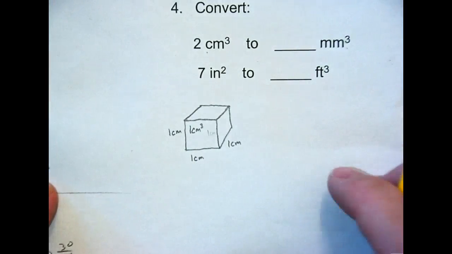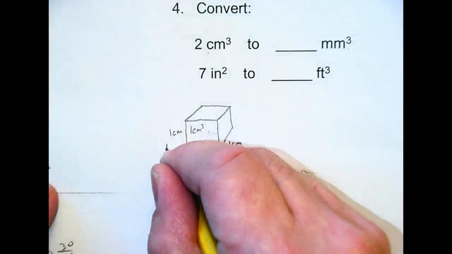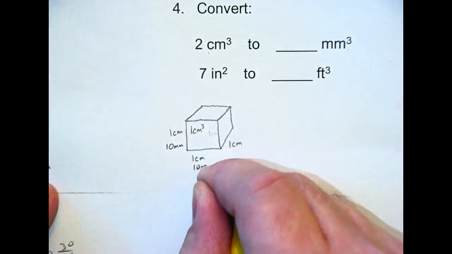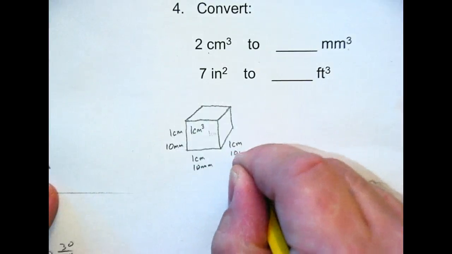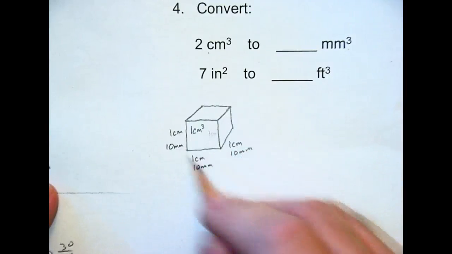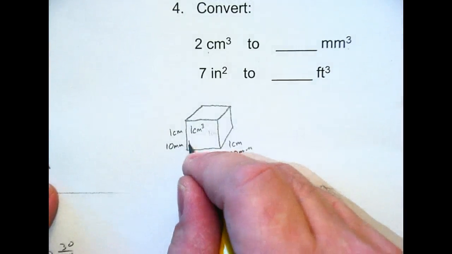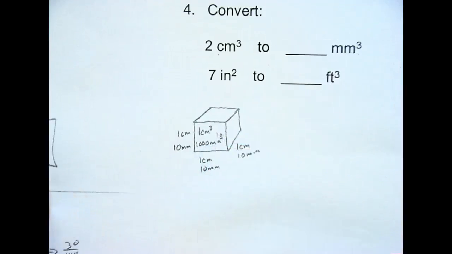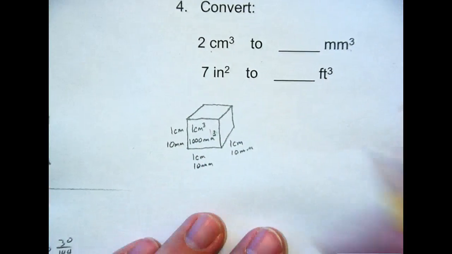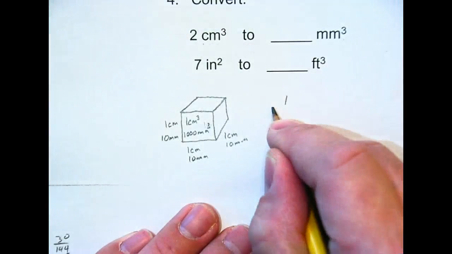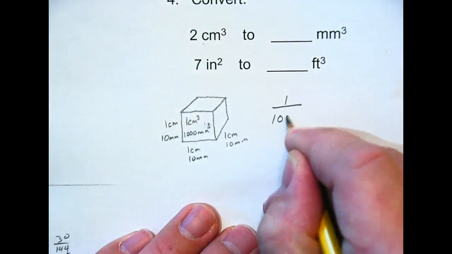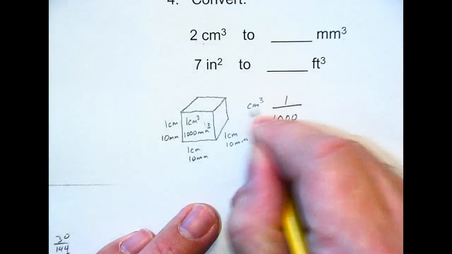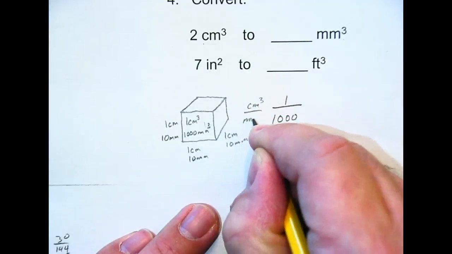And then I'm going to go millimeters. Well, 1 centimeter is 10 millimeters. And 10 millimeters gives me 10 by 10 by 10, or 1,000 cubic millimeters. I accidentally put square. So I know my conversion is 1 to 1,000, cubic centimeters to cubic millimeters.